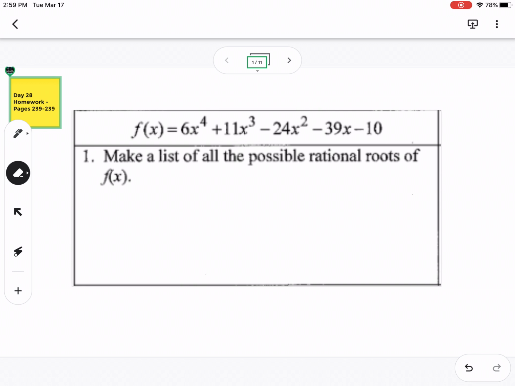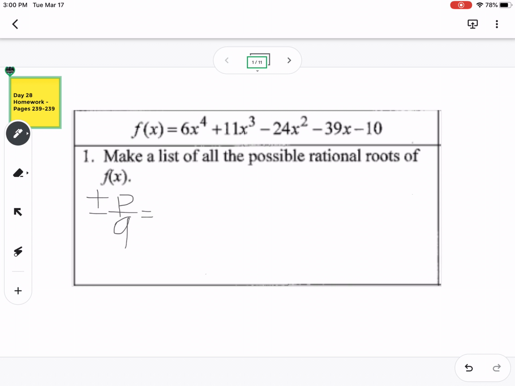So the first thing you need to do is take a look at your constant term, because to get your list of possible rational roots, you're going to use the factors of the constant term over the factors of the leading coefficient, which are -10 and 6.